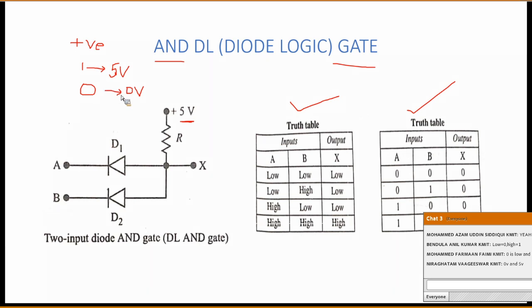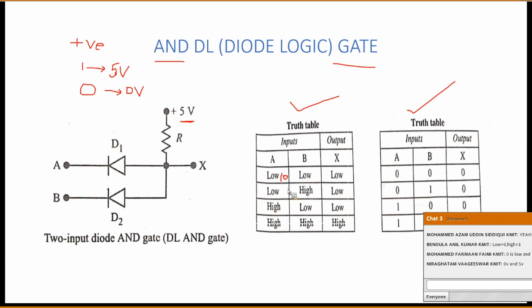Negative logic means for 1 we will take 0, and for 0 we will take 5 volts. Now here we are not using any negative supply. Logic 0 means we need to give a 0 volts supply. That's why it's written as low, high, low, high.